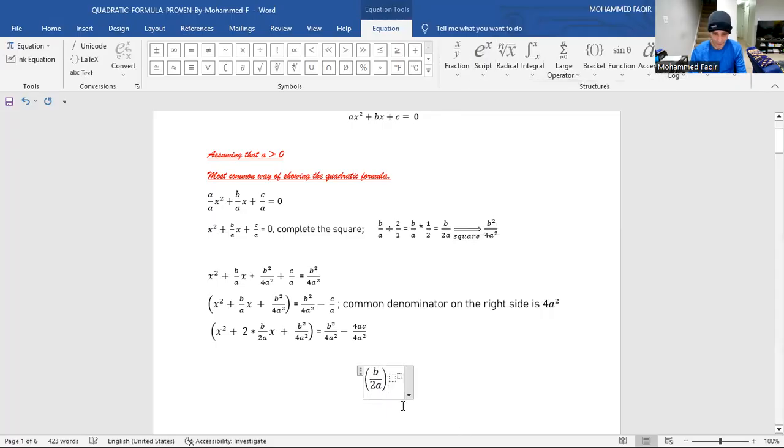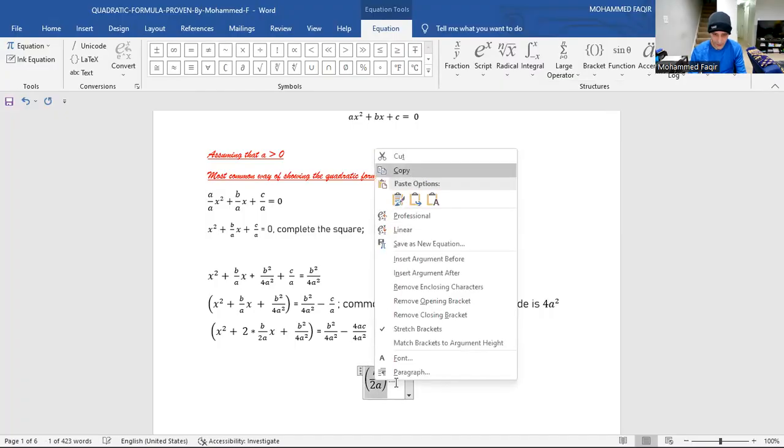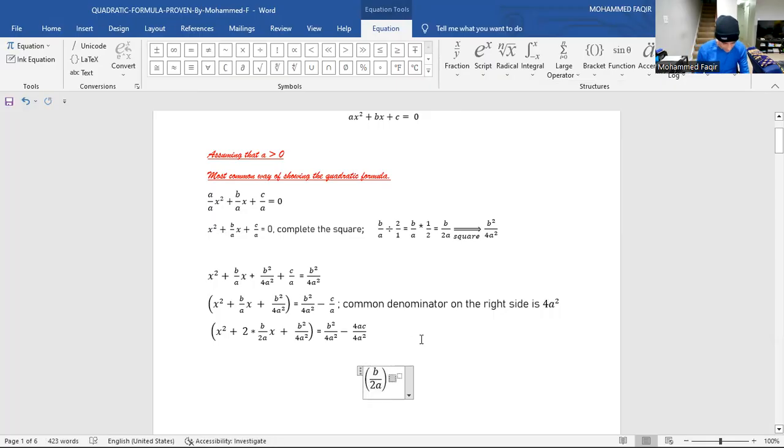Okay, so that's what I need to have inside, and that's what I need to have on top, the 2. And then I need to remove this.